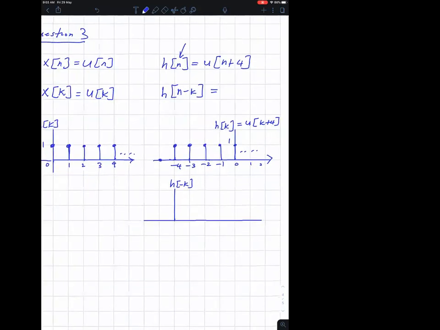If you flip the signal h of k about 0 right here, all these negative signs become positive: minus 4, minus 3, minus 2, minus 1 become 4, 3, 2, and 1. The signal was moving in this direction, but now it will be moving in the opposite direction.